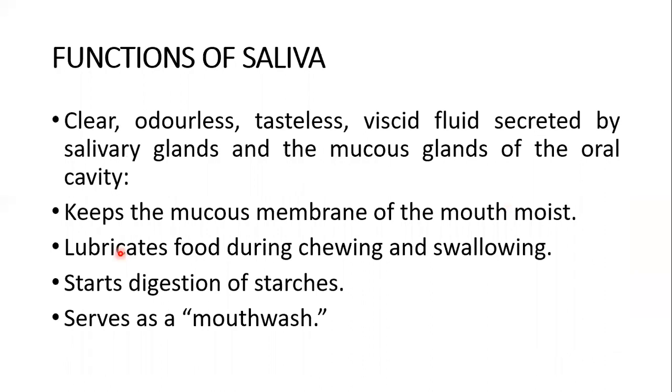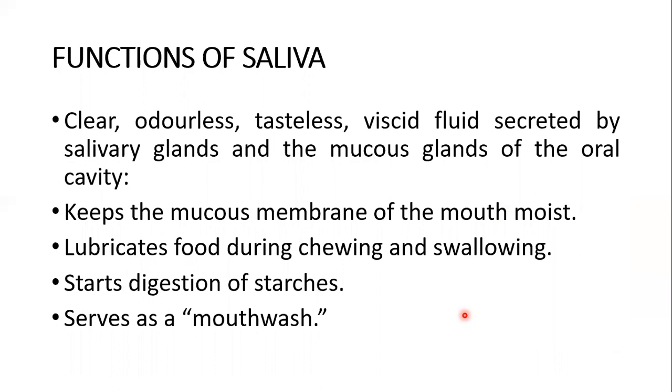So what is saliva? It's a clear, odorless, tasteless, viscid fluid secreted by the salivary glands and the mucous glands of the oral cavity. What's the function? It keeps the mucous membrane of the mouth moist. It lubricates food and helps facilitate chewing, swallowing and mastication.